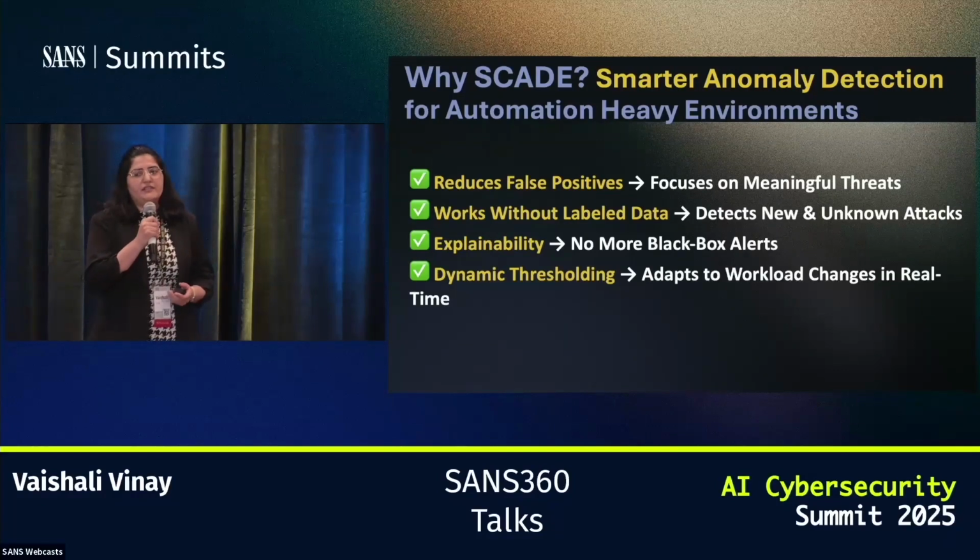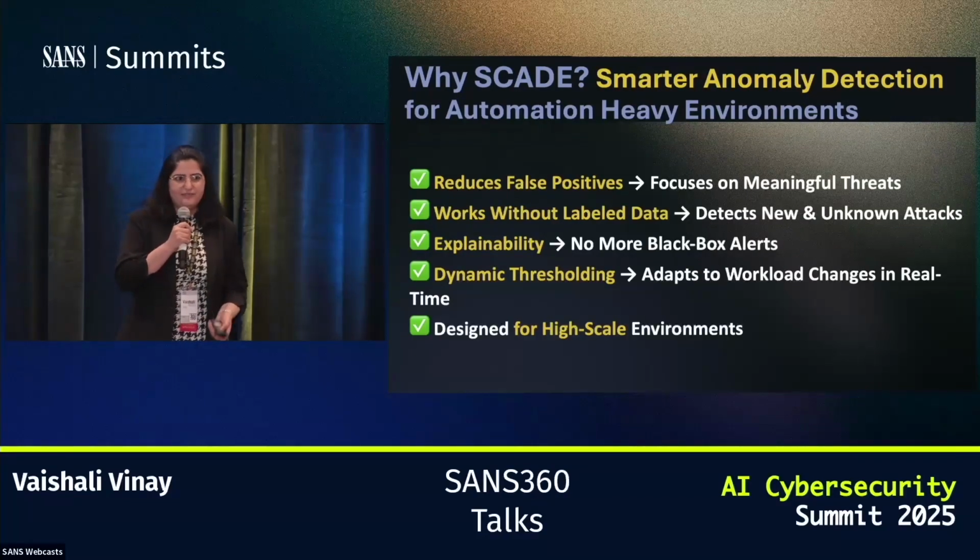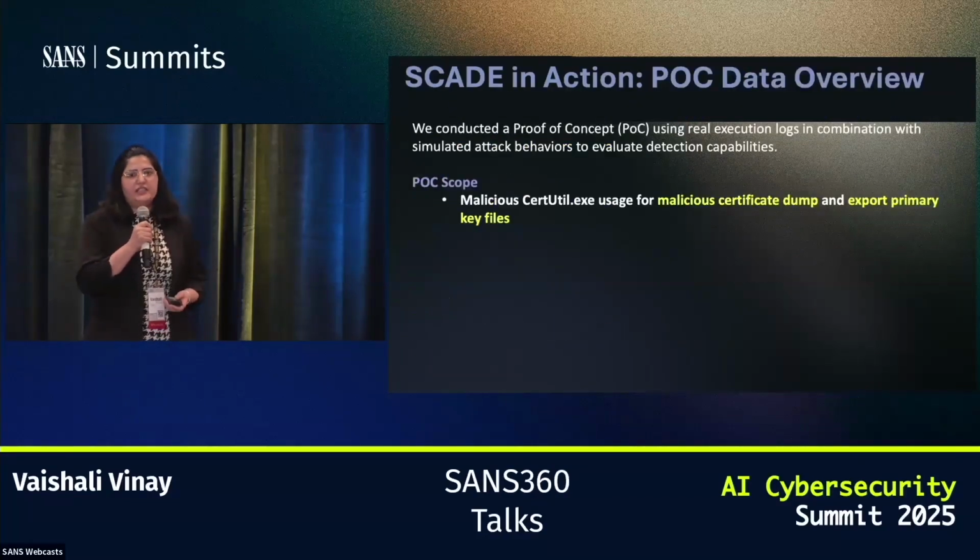Next, we don't have static thresholds in our framework. Everything, the thresholds about what is benign and what is legitimate, is decided at execution time itself. And last, it scales.